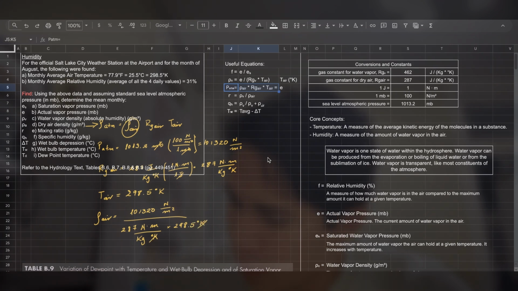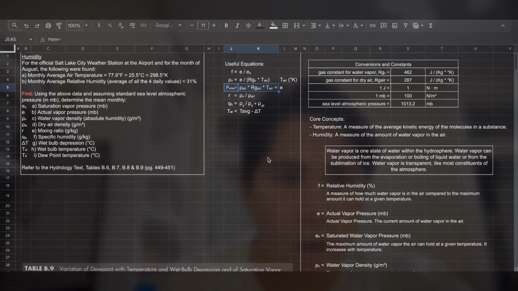We cancel degrees Kelvin and we cancel the newtons, and we are left with the air density equal to 1.18 kilograms per cubic meter. And converting that into grams, there are 1,000 grams in 1 kilogram. Kilograms cancel, that's going to be 1,182.7 grams per cubic meter. And this is the answer for part D.